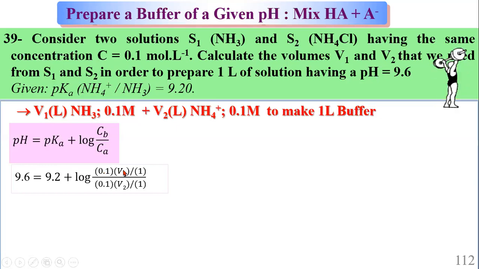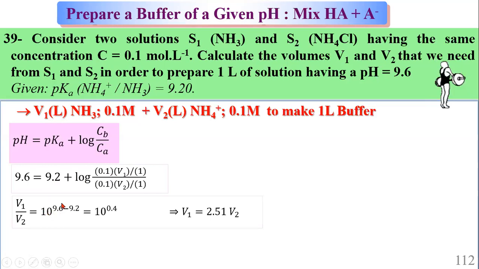So here I just calculated, if you will, the number of moles such that I can include a volume term in that. Clear? Okay, so you're going to take the 9.6 minus 9.2 and then 10 to the power of that number, and then you get the ratios. And because these concentrations cancel off, you get now a nice ratio. And if they don't cancel off, you get a number. So you still get a number here, which overall you're going to get a ratio between the two volumes.